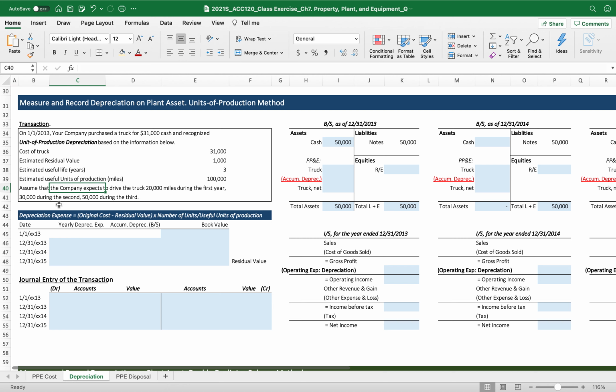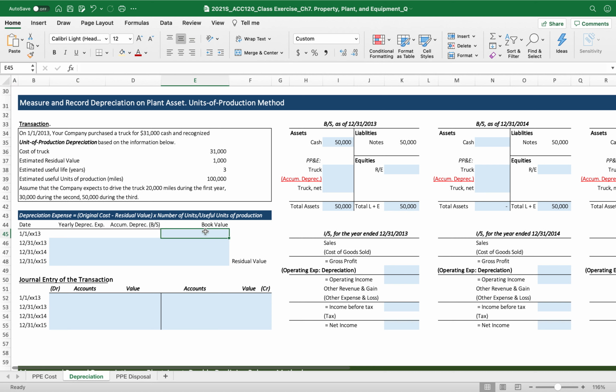So the total is 100,000 miles. We will allocate 20,000 miles out of 100,000 miles, the total estimated useful life in total units, and then we apply this percentage to the depreciable cost.